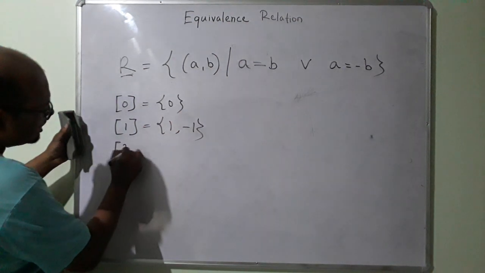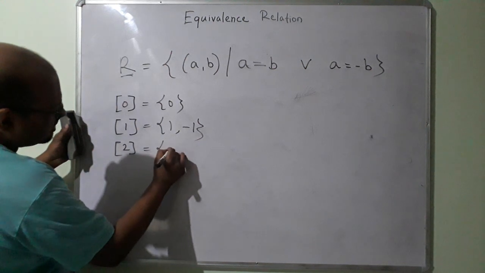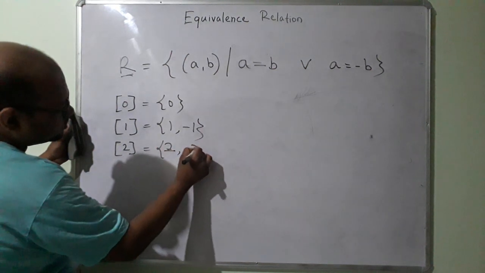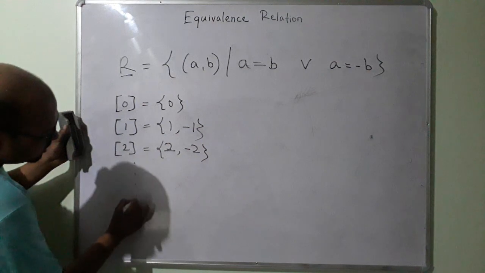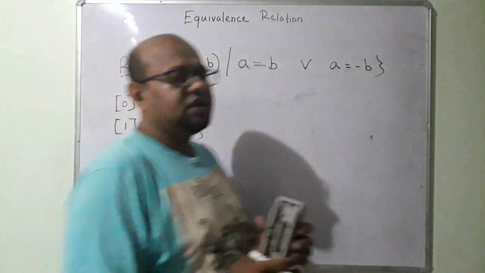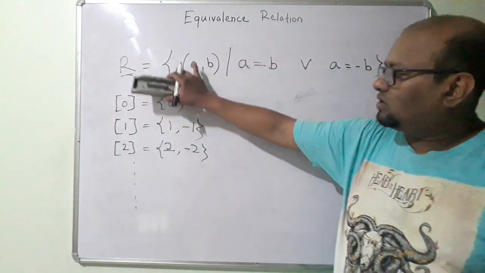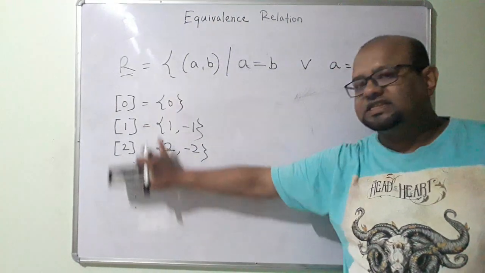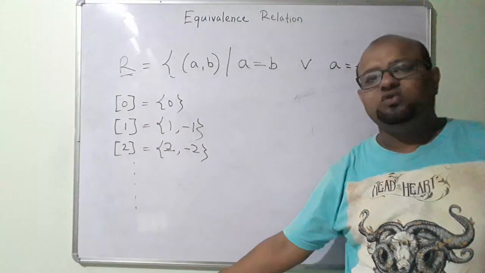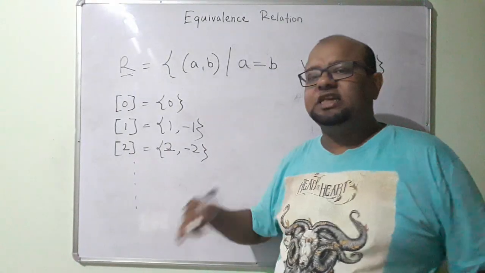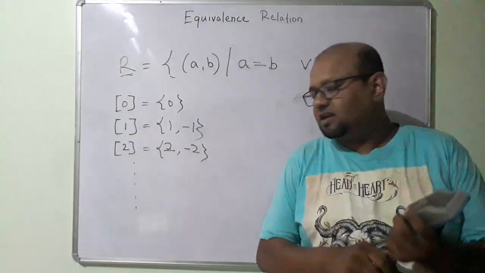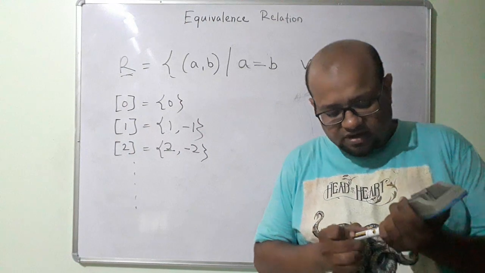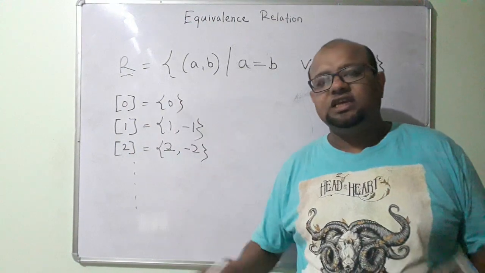Equivalence class of 2 contains 2 and minus 2, and this will go on. So all these infinite sets, countably infinite, when I union them back, I will get back my set of integers. So this is one more example of partitioning using equivalence classes.